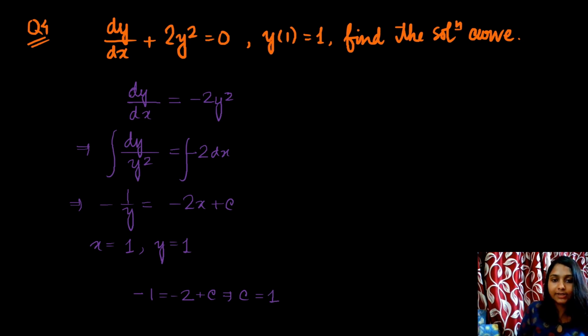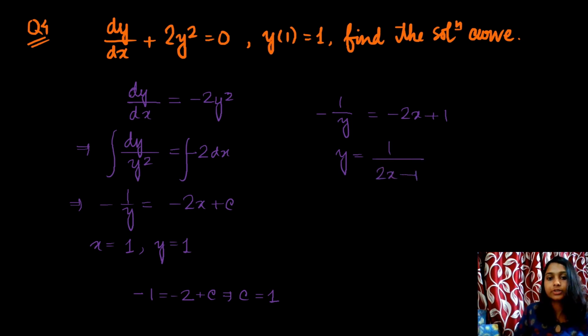By putting the value of c, we will obtain minus 1 by y equals minus 2x plus 1. Therefore, we will have y equals 1 by 2x minus 1. So this is the particular solution of the solution curve that passes through the point 1, 1.